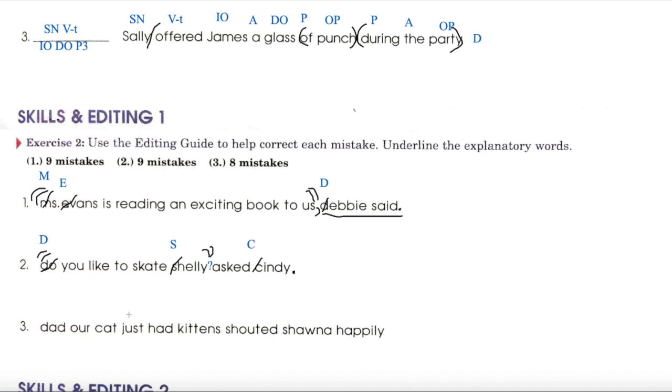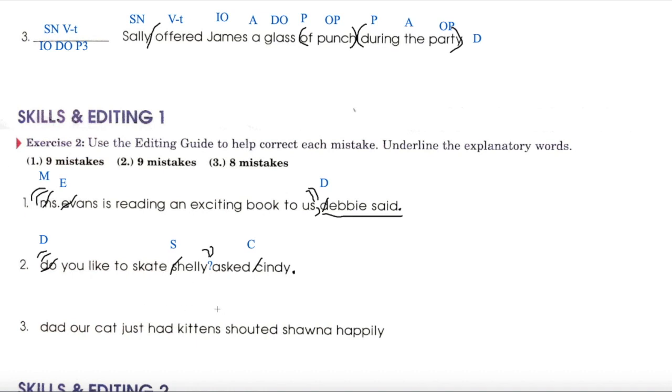We have 1, 2, 3, 4, 5, 6, 7. Oh, I see what we missed. Okay. We missed a comma because Shelley is a name.